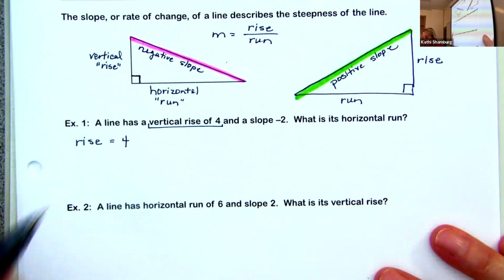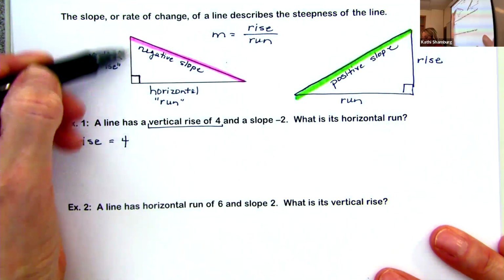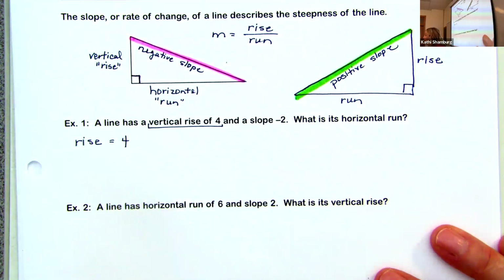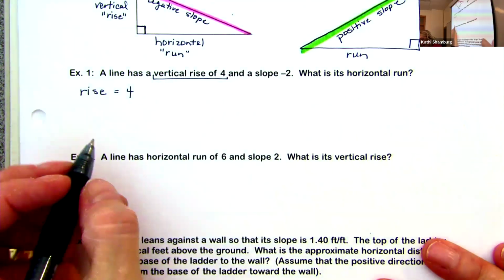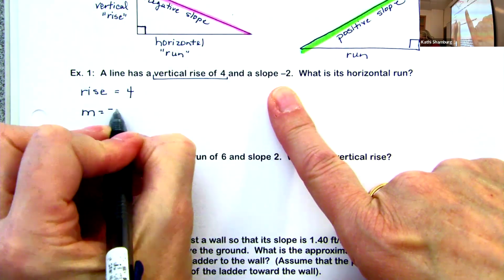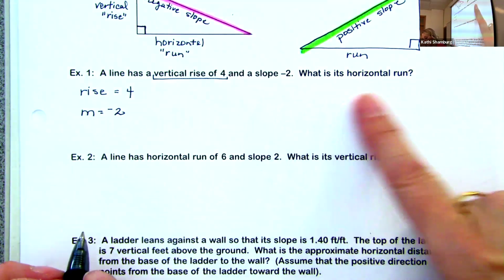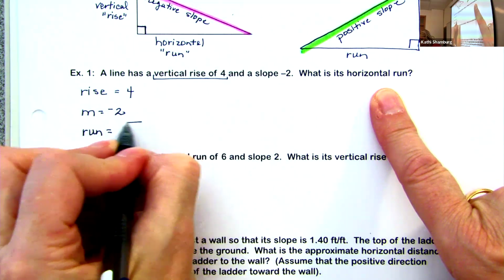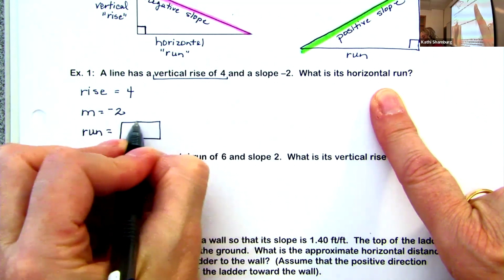So if I had a picture, they're telling me this rise is 4. I don't know, 4 inches, 4 feet, it's just 4. And they're telling me that the slope is -2, and it wants us to find the run.